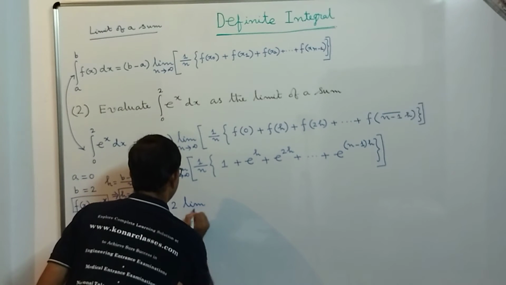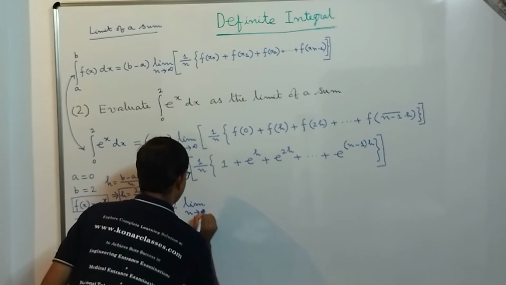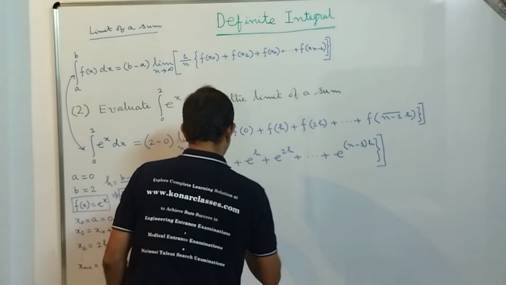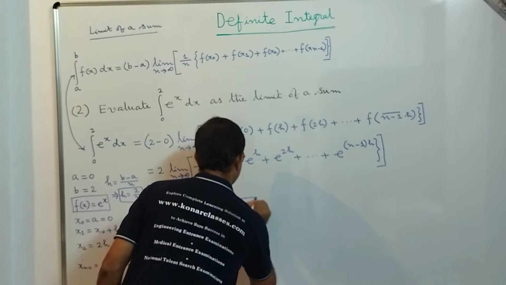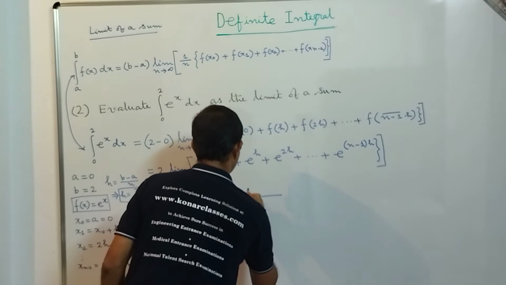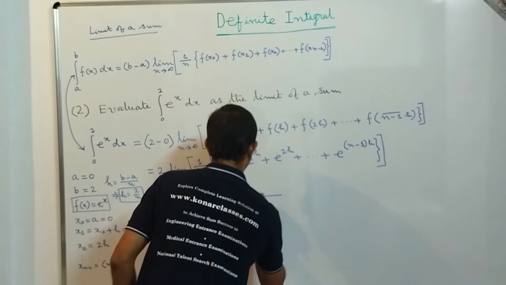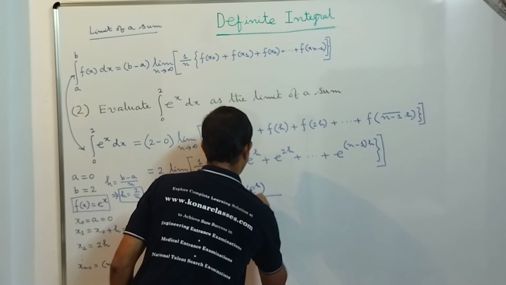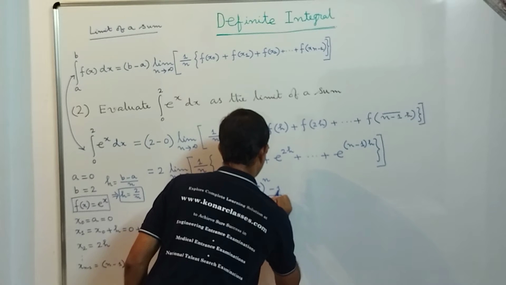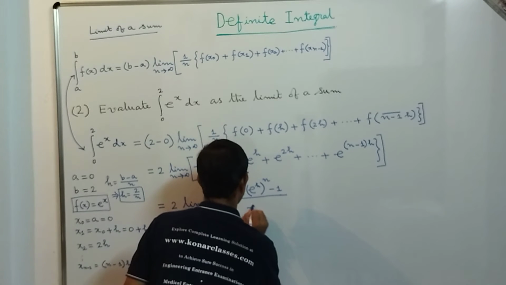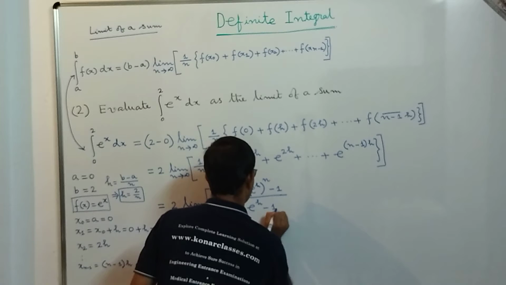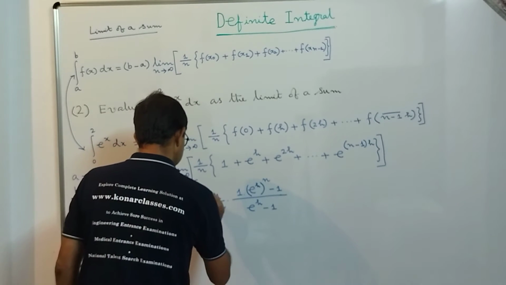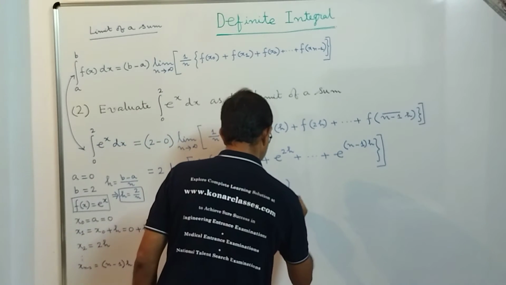Here as it is, let me write 2 limit n tending to infinity, okay, 1 by n, that is equal to, we know, a into (r to the power n minus 1) divided by (r minus 1), that means (e power h) power n minus 1 divided by (e power h minus 1), okay. So that we can give here in the second bracket only. Okay, dear students.